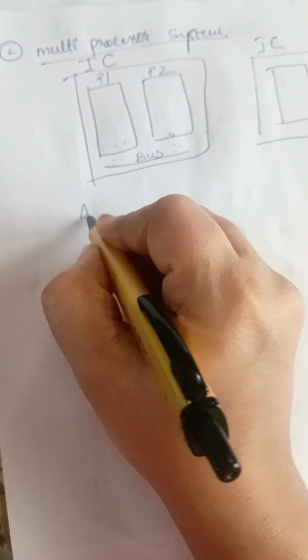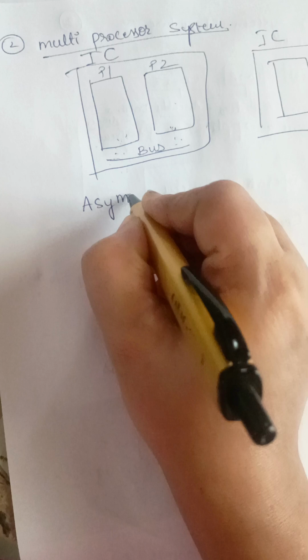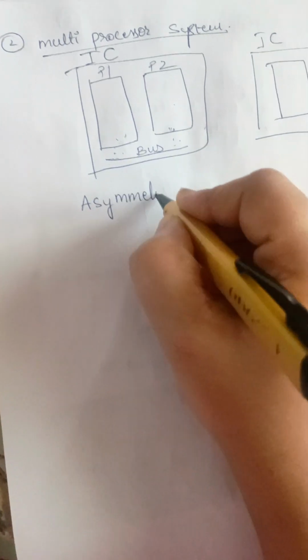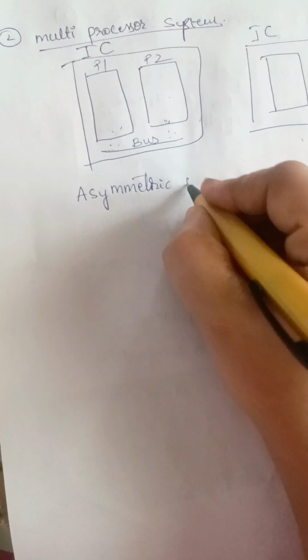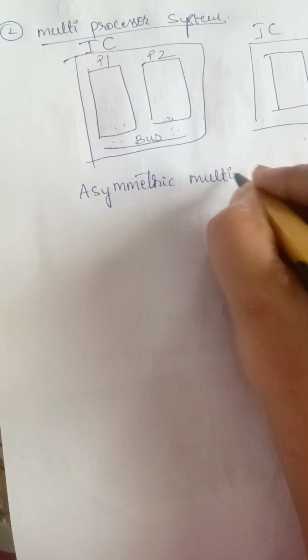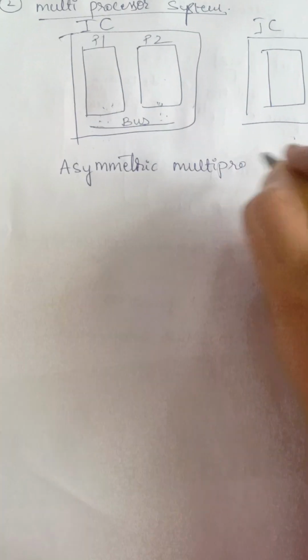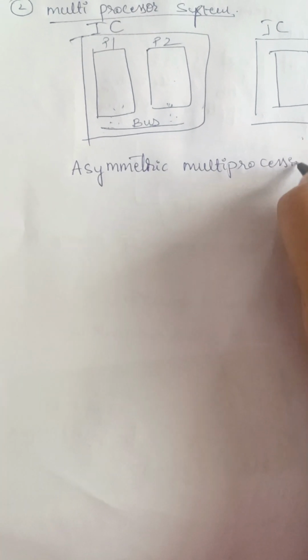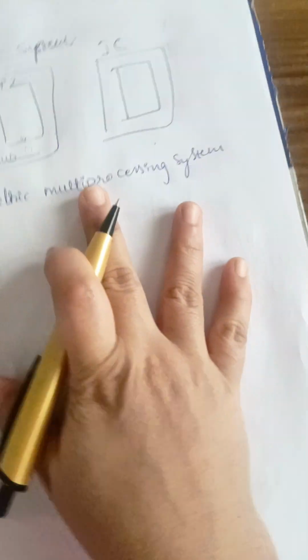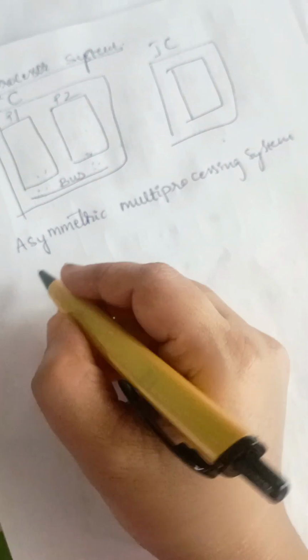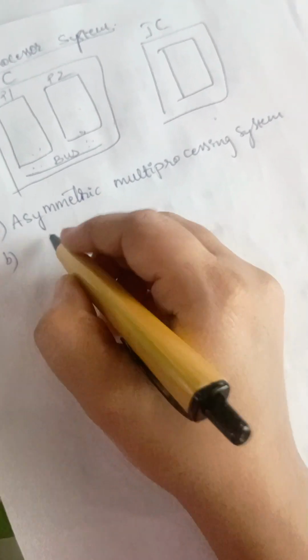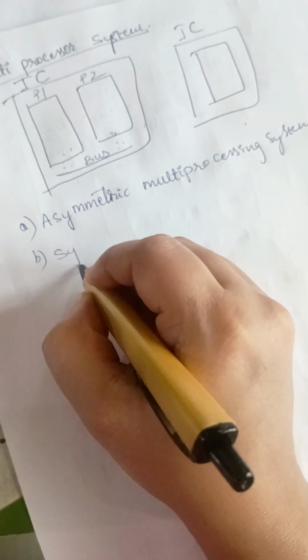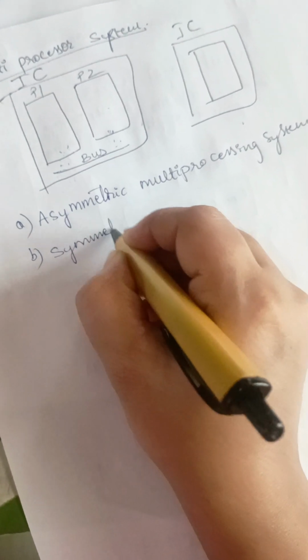One is the asymmetric multiprocessing system, and another one is the symmetric multiprocessing system.